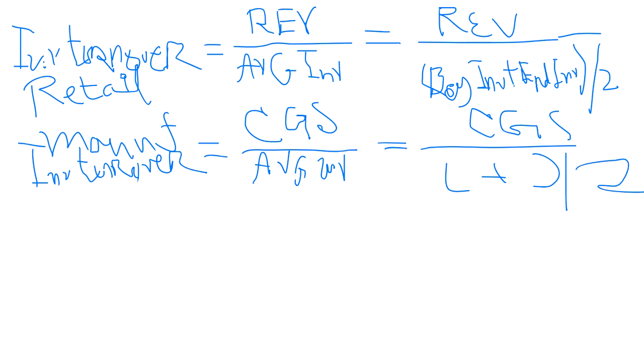That's average inventory. Now, why are they different between these two industries, right? First of all, inventories must be expressed in terms of cost. That's the preferred way of expressing inventory. But especially in manufacturing, all inventory is expressed in terms of cost, right?